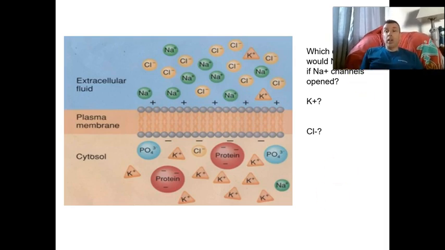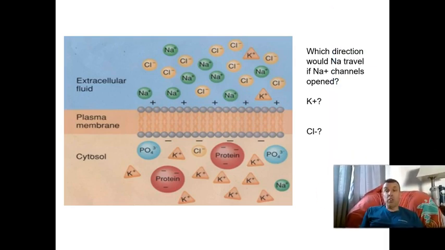And so which direction would sodium travel if a sodium channel opened? Well, sodium is going to travel from outside to inside because you can see I have a higher concentration of sodium ions in the extracellular fluid and a lower concentration in the cell. In the cytosol, so it's going to flow from out to in, high to low. What about chlorine?